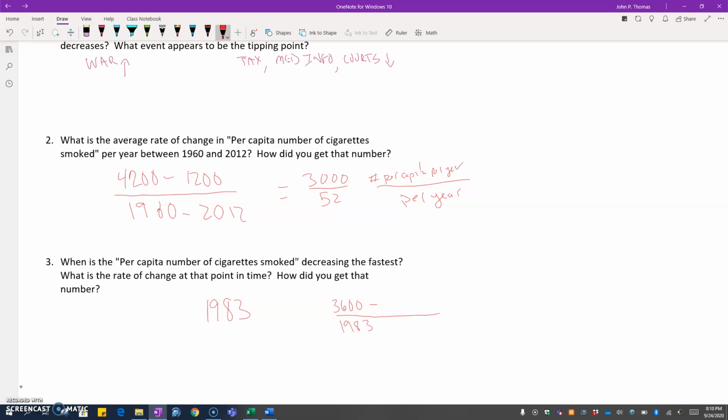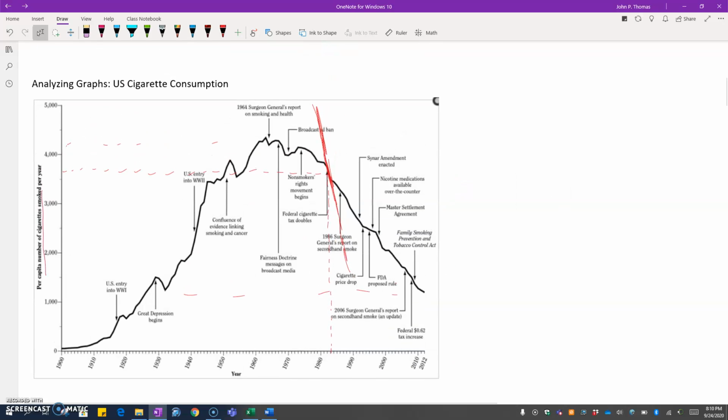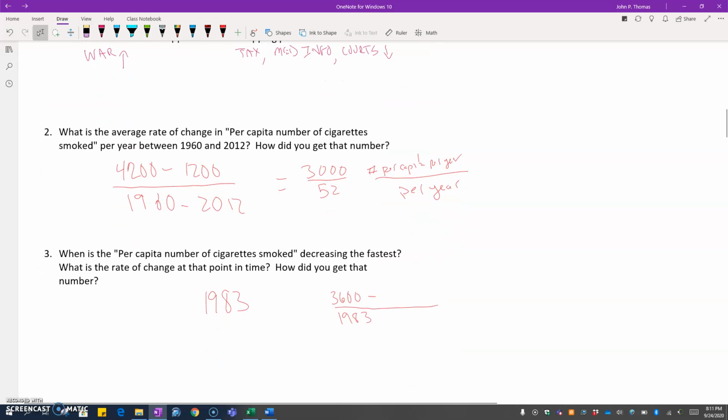So in my average rate of change equation, I'm going to do y over x. Then I'm going to pick another point on this tangent line. So I'm going to move to this point right here. And it looks like that is, roughly speaking, 1986.